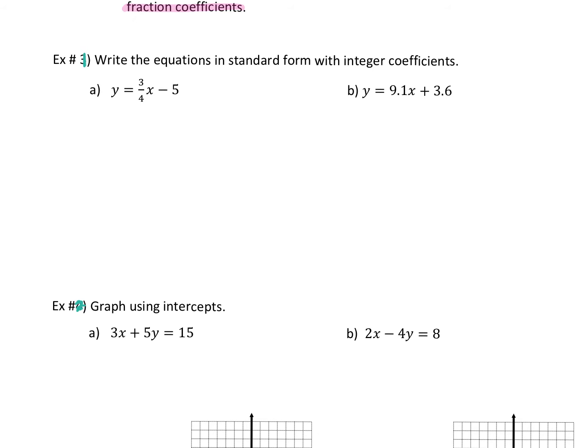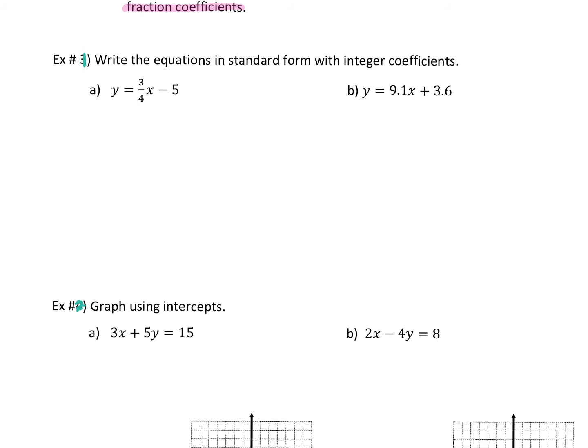So I'm going to look for a number that will get rid of my fraction. I have 3/4. What could I multiply 3/4 by so that there is not a fraction there anymore? 4, not 4/4, because 4/4 would turn that into 12/16, which is just going to reduce to 3/4 again.